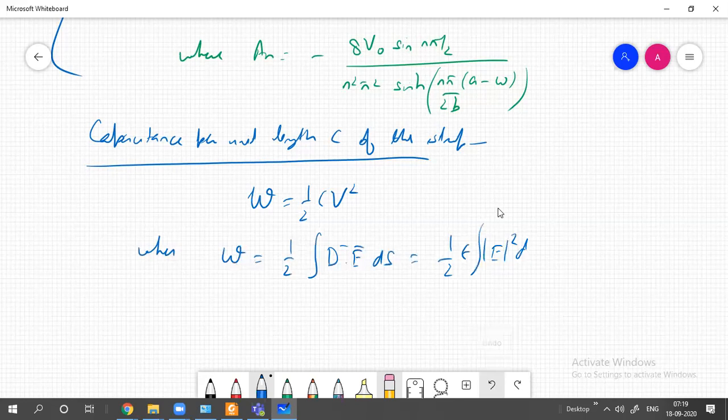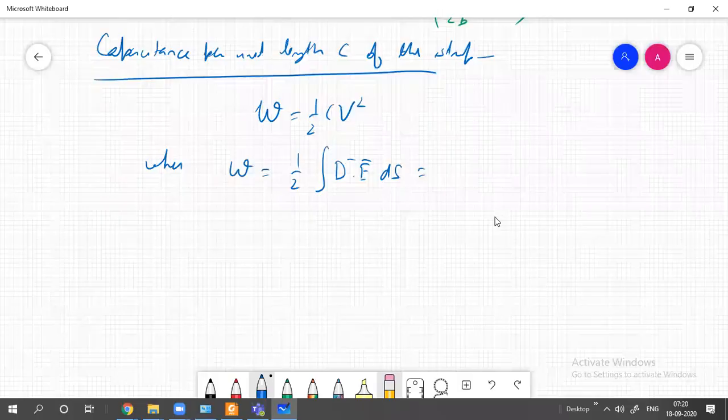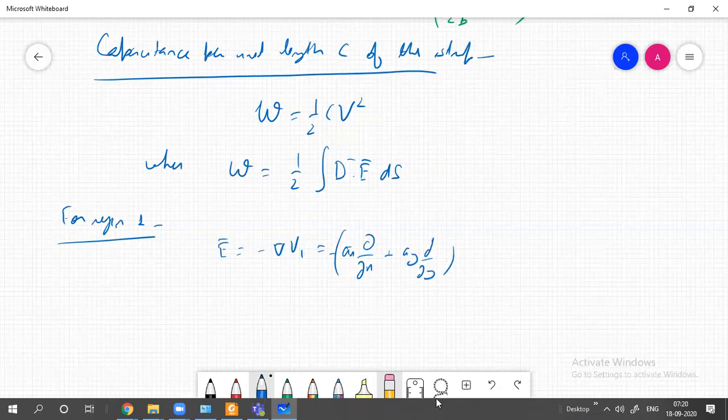Now for region 1, the electric field is E equals minus grad V, that is minus of Ax del by del x plus Ay del by del y, acting on V1.